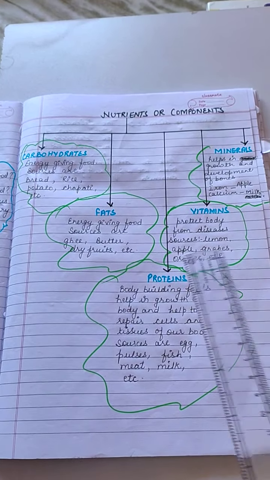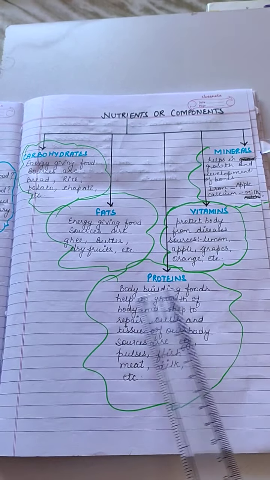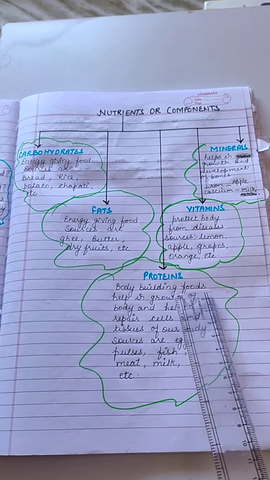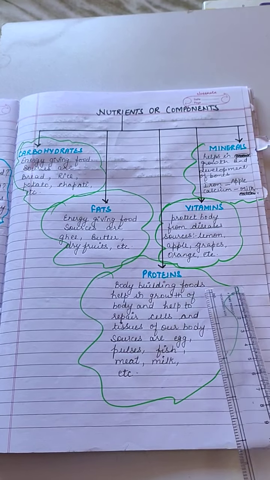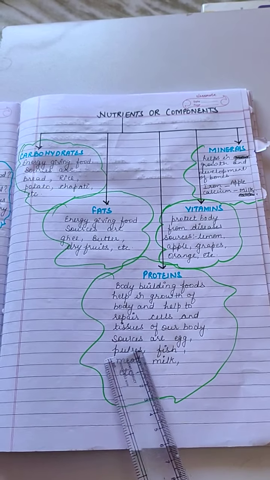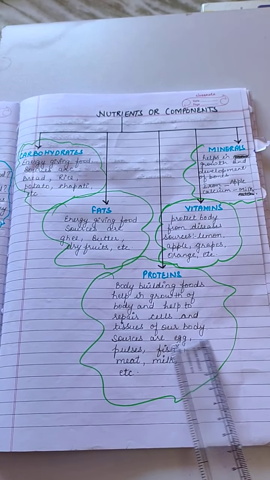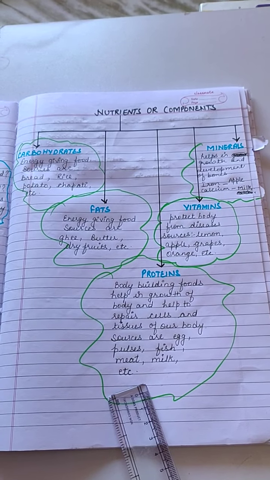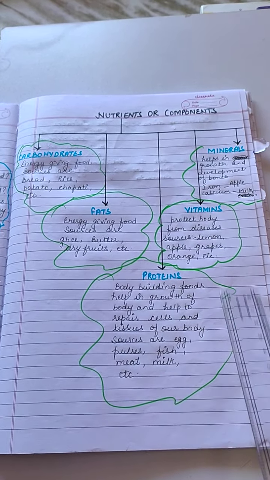So next are proteins. Proteins are also called bodybuilding foods because they help in growth and development of our body. They also help in repairing of cells and tissues of our body. And the sources of proteins are eggs, pulses, fish, meat, milk, etc. Next component is vitamins.